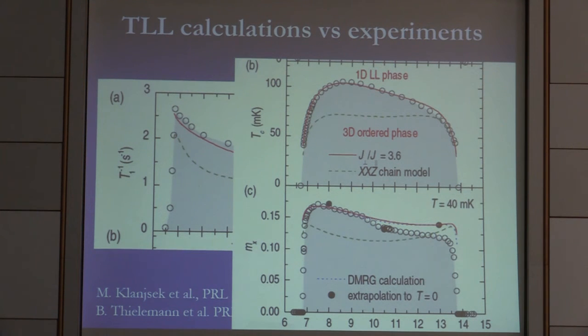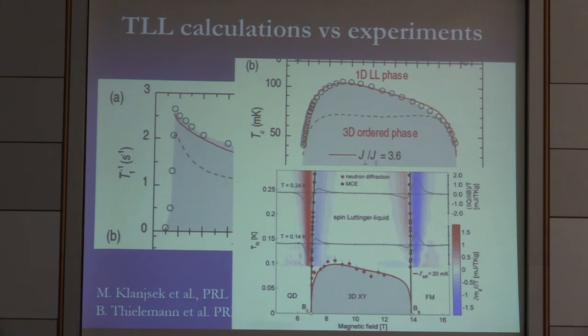And since we know the exact solution along the chains, we can do a reasonable job in computing the ordering to the 3D ordered phase. And here again, you see the dots are the NMR results, and the red line is the calculation. Here there is, of course, an adjustable parameter, which is the transverse coupling. This one is way too weak to be measured by neutrons. So, okay.